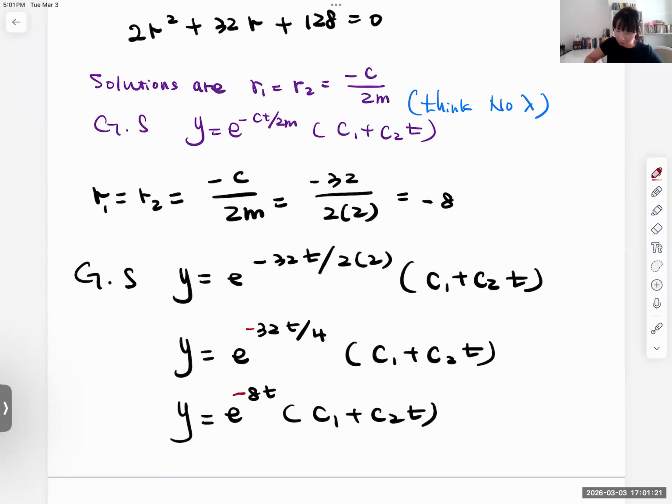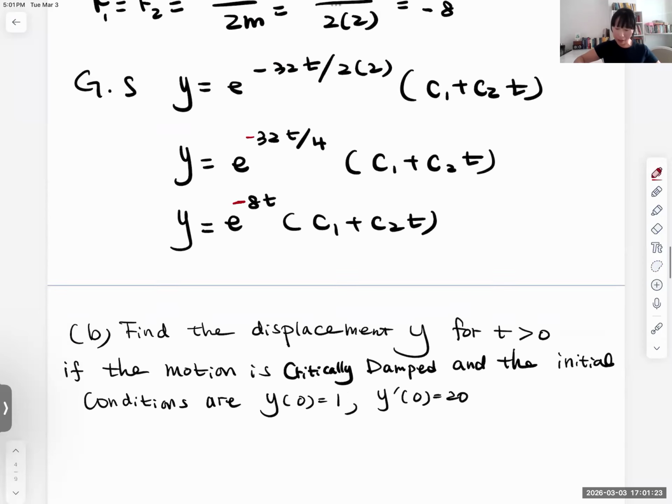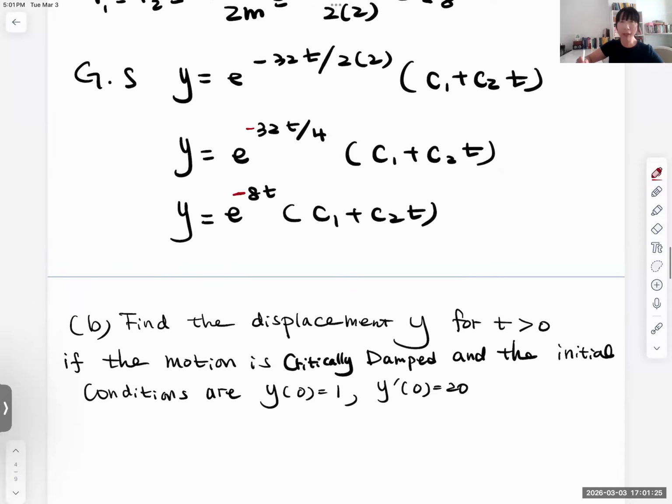Okay, let's move on then. What we are doing right now. So we have, hold on one second. We want to find the system 1, system 2, right?